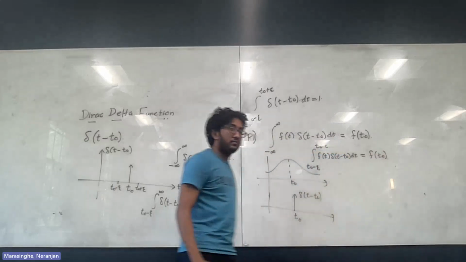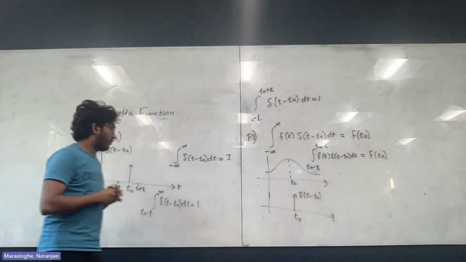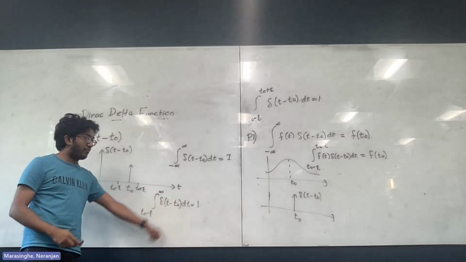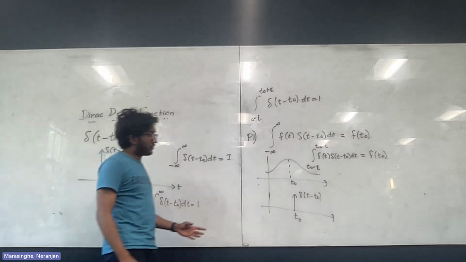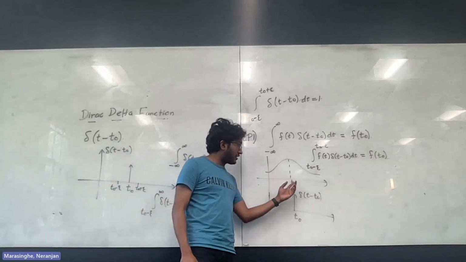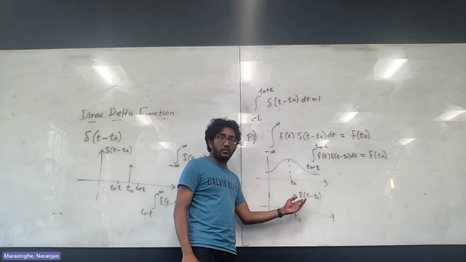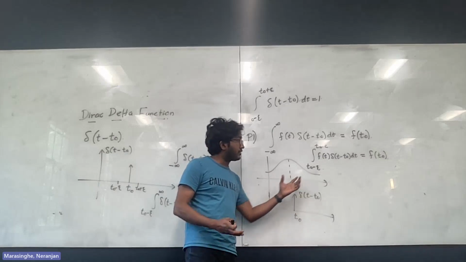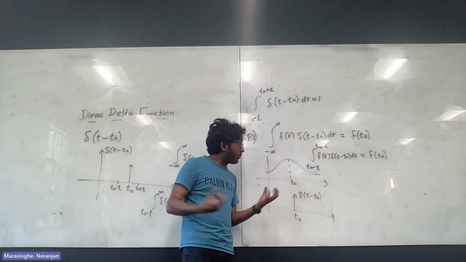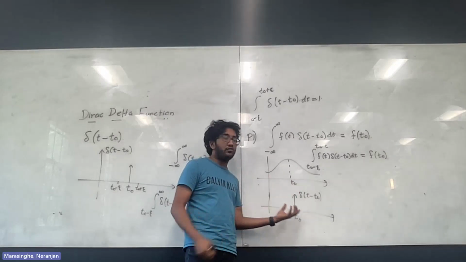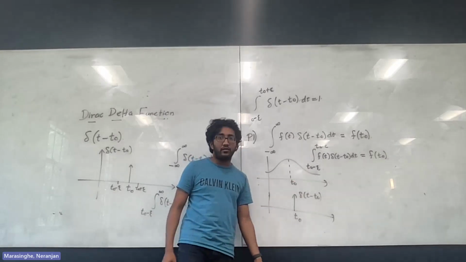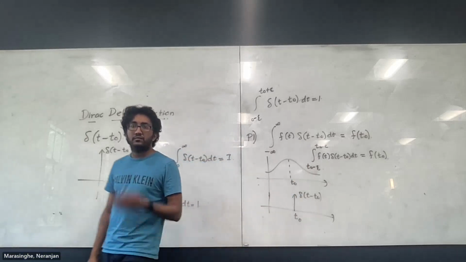Okay. So if you integrate only the delta function, you would get 1. But now what are you going to get? You are going to get the function value at t naught, right? You have two functions, f(t) and delta(t minus t naught). If you multiply them together and integrate, you would get the function value at t naught. Okay.